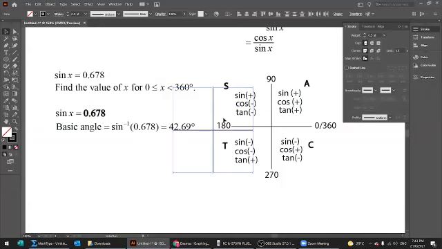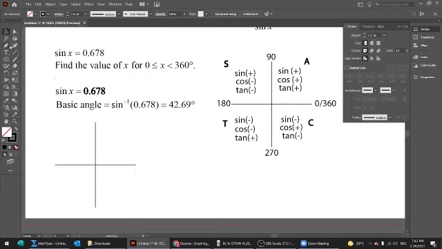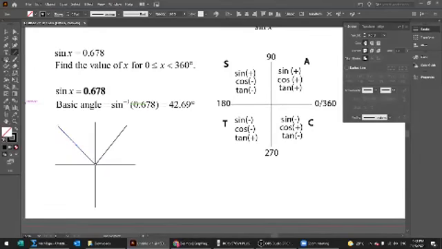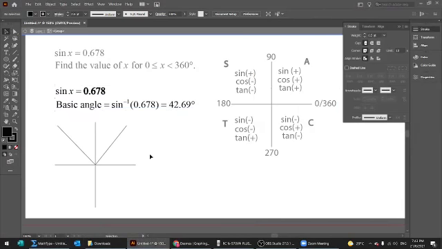So now I know my angles will be here and here, these two angles.